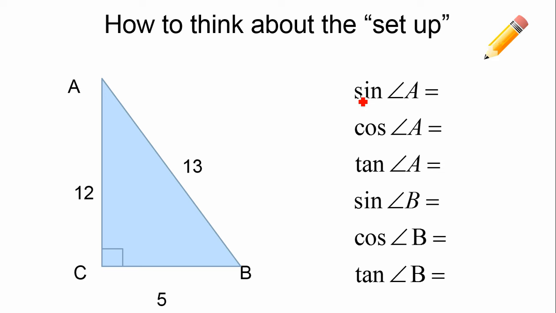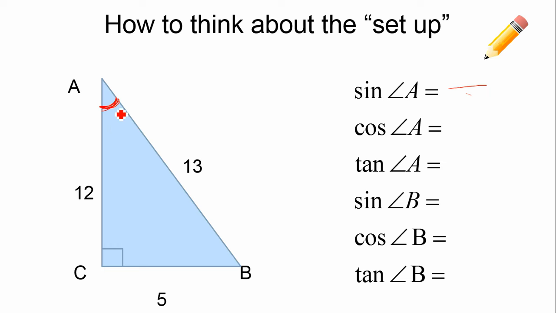So in this first example, we're thinking about how we would set up an appropriate ratio for the sine of angle A. That means the reference angle here is angle A. Angle A is located up here at the top of the triangle.